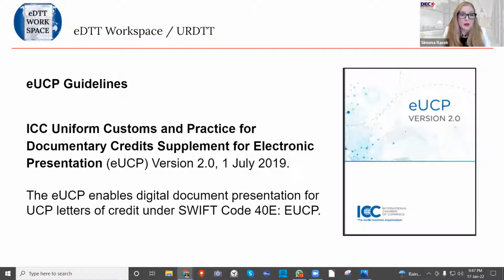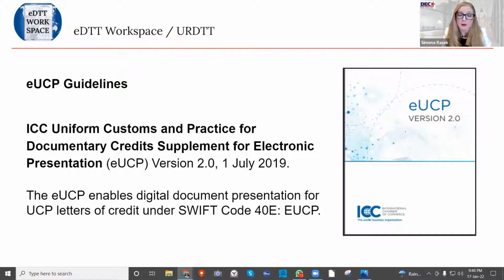The ICC Uniform Customs and Practice for Documentary Credits for Electronic Presentation, EUCP version 2.0, was published on July 1st, 2019. The version 1.0 was published in April of 2002. The EUCP enables digital document presentation for UCP letters of credit in lieu of or in conjunction with paper original documents.